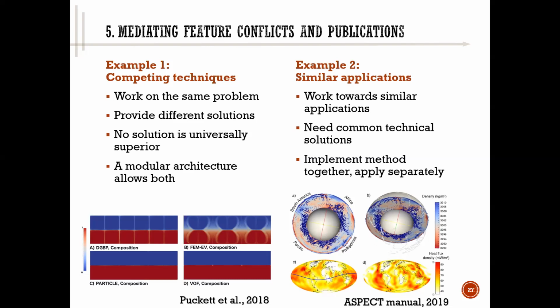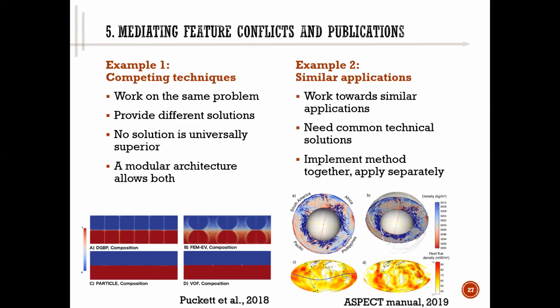A different conflict could appear if people want to implement the same technique, but want to apply it to different applications. In this case, it can be a problem if people want to write, for example, separate publications, but develop the method in both papers separately.